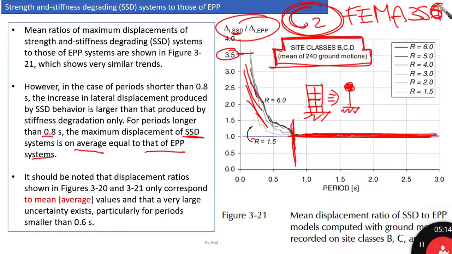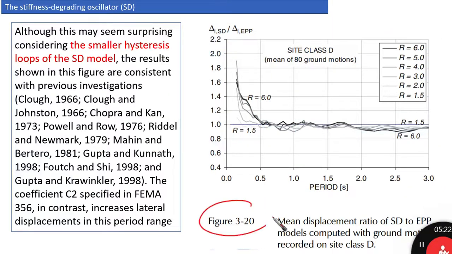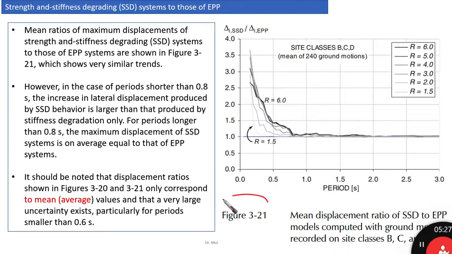It should be noted that the displacement ratios shown in figure 320, which is for SD, and the other one, figure 321, using SSD, only correspond to mean values, which means average values.